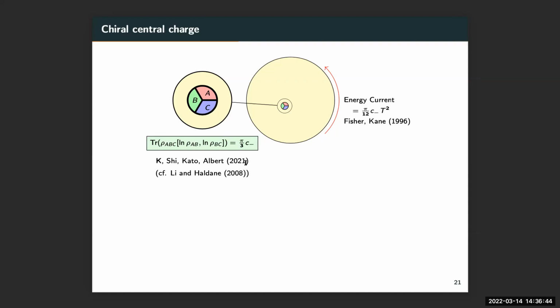Maybe it's not too surprising, but what this means is that if C minus is non-zero, then the wave function cannot be real. In particular, if C minus is non-zero, there should be some intrinsic sign problem, so no local unitary should be able to remove that. That's one physical meaning.